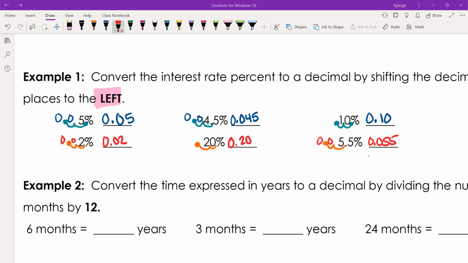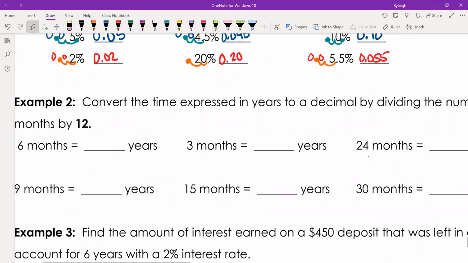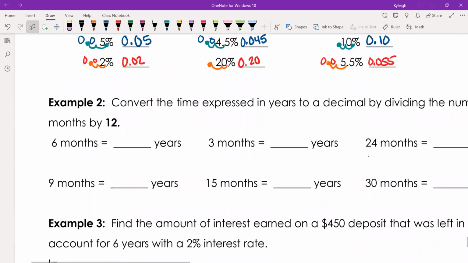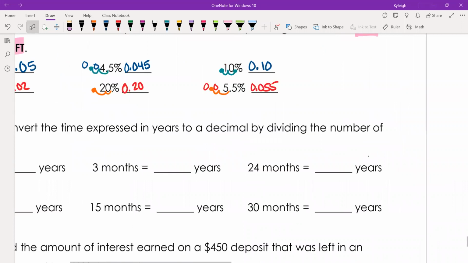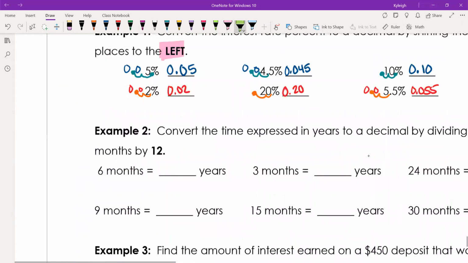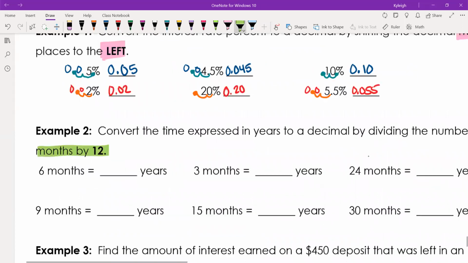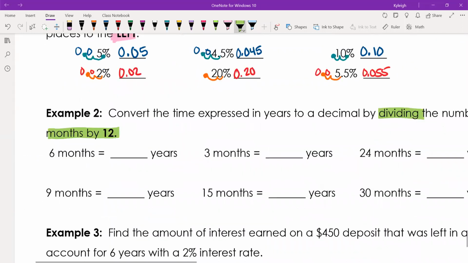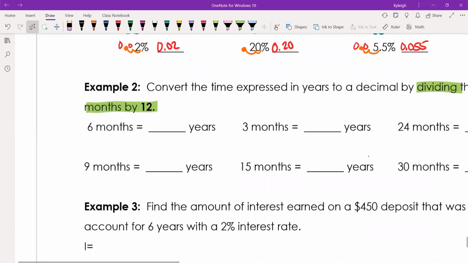Okay. So now we want to convert the time expressed in months to years. We can do that by taking the number of months divided by 12. So if we do 6 months divided by 12, 6/12ths, do that in your calculator.